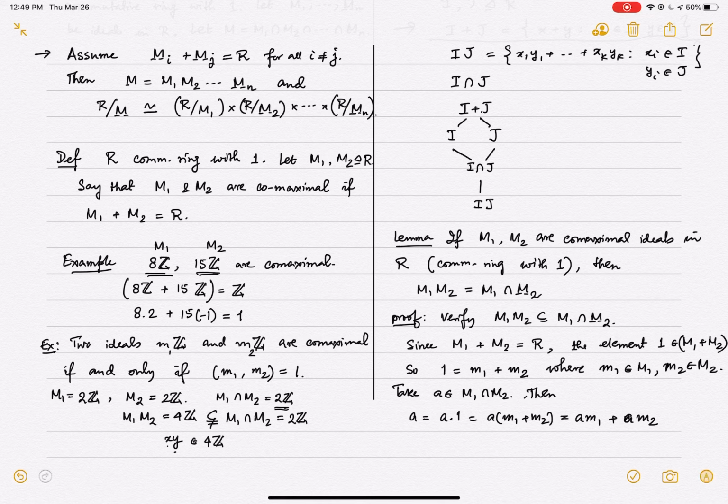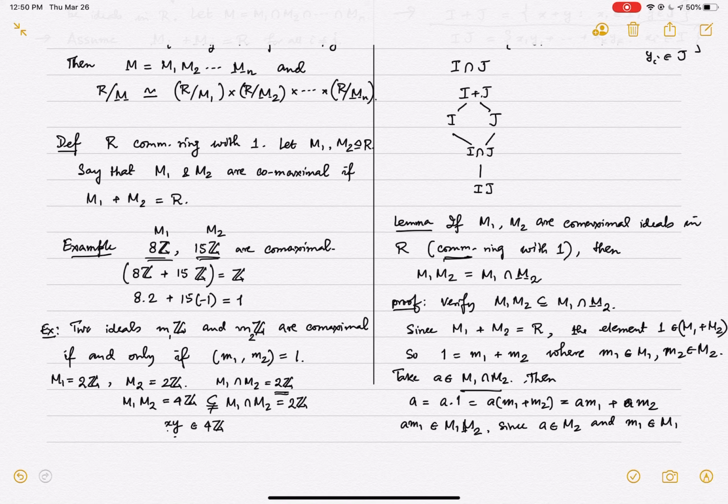Now notice that am1 is in M1M2. Why? Since A is in M2 and m1 is in M1. Because A is in both, so it's in M2 in particular. So this product is in the product. And of course there is no left and right, we are in a commutative ring.